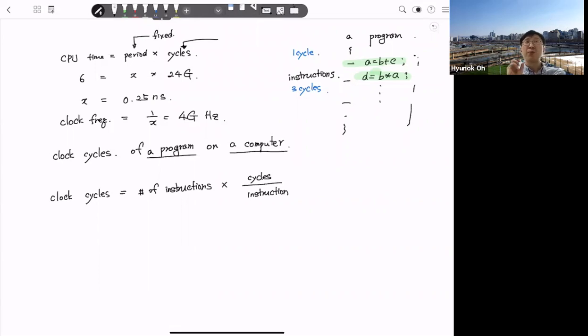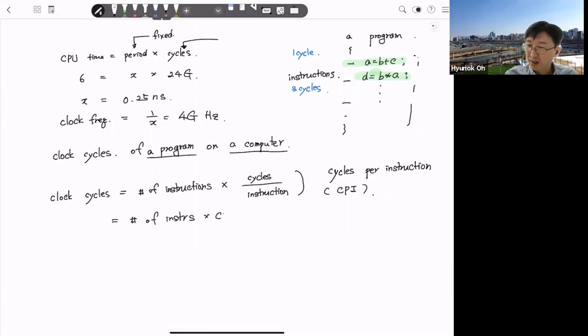On average, per instruction, how many cycles are required? We have to know that. This part is called cycles per instruction, which is simply CPI. So clock cycles is just the number of instructions times CPI.